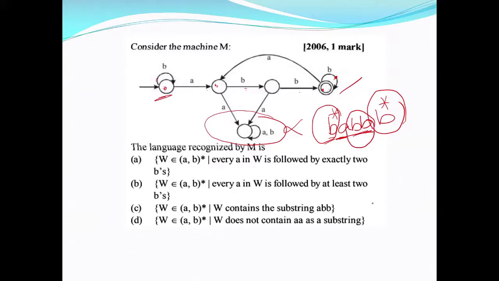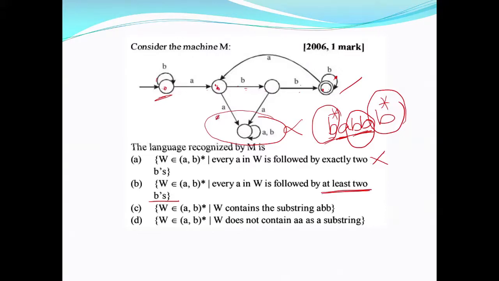Look at this option: every a in w is followed by exactly 2 b's. This is wrong because more than 2 b's can be there, right? Every a in w is followed by at least 2 b's. Once you get a, there must be 2 b's.